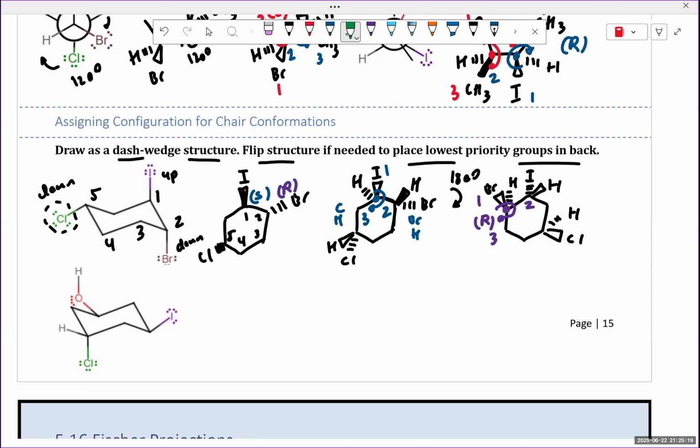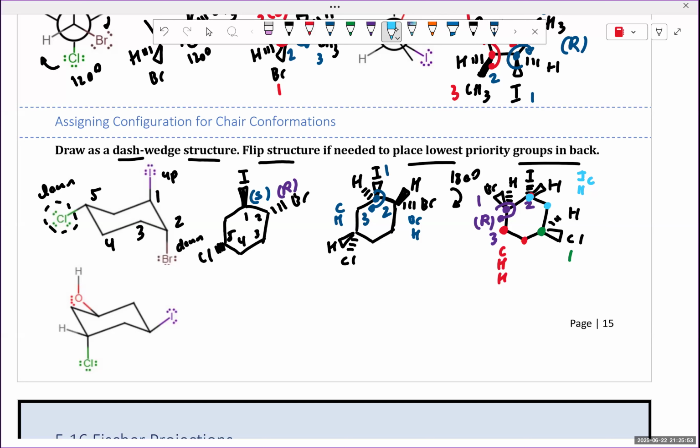For our final stereocenter, looking at this center here, the chlorine's priority 1. We have a tie initially. So let's break that tie. We count one more carbon out. This substituted carbon contains an iodine, a hydrogen, and a carbon, while this carbon just contains a carbon and 2 hydrogens.